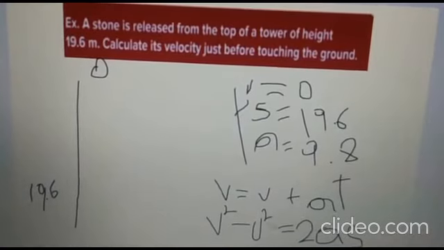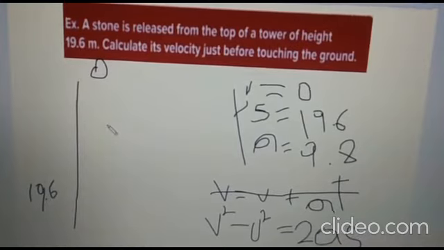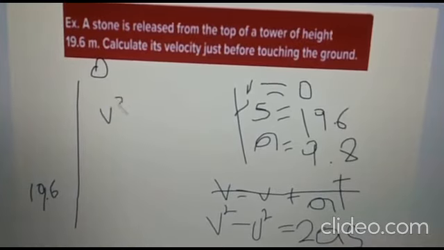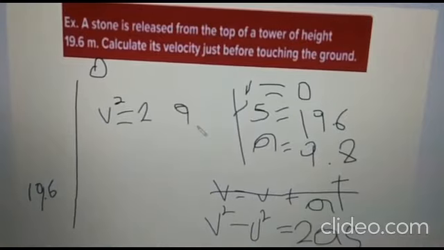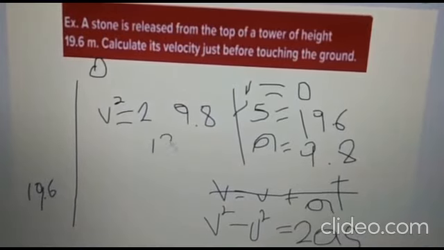We will take this equation. Now let us put the values. v square is what we have to find. What is u square? It's 0. Then acceleration, and then we have to multiply 19.6 distance.